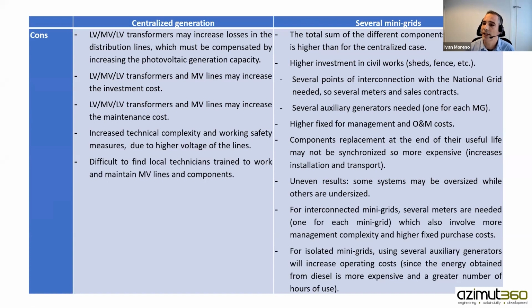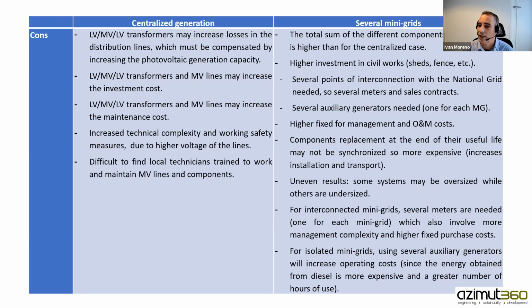For interconnected mini-grids, also several meters are needed, one for each mini-grid, which also involves more management complexity and higher fixed purchase costs. And this is clear as well.